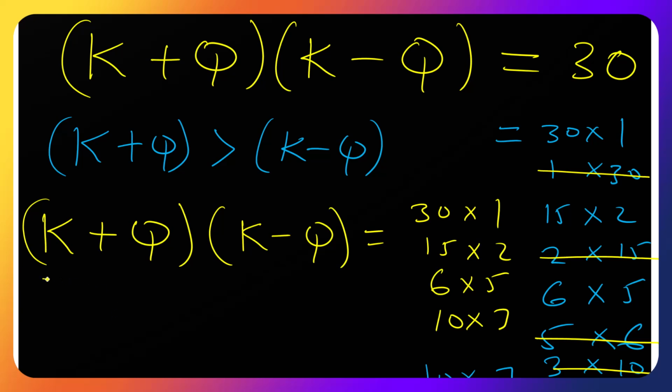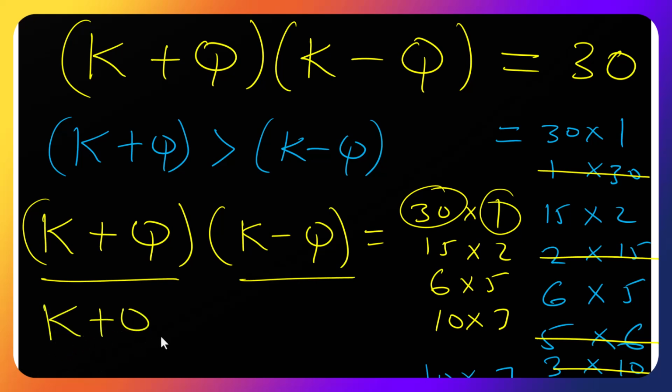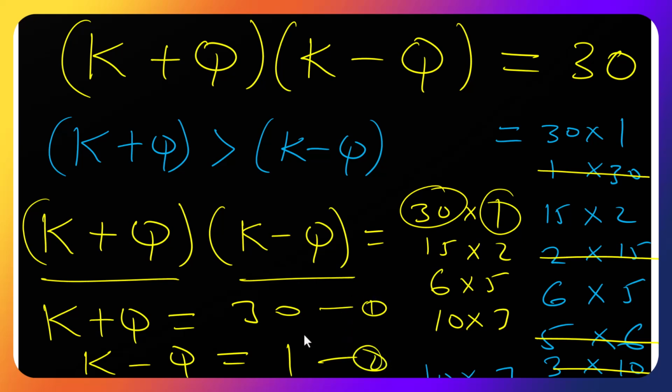So I have k plus q equals 30, then k minus q equals 1. So we have equation 1 and equation 2. When we add the two equations, the q will vanish. So we have 2k equals 31.